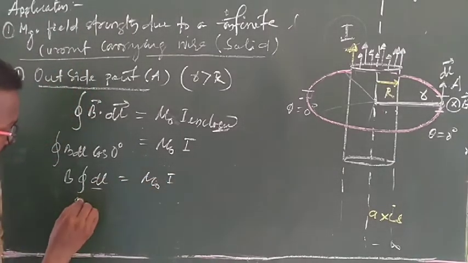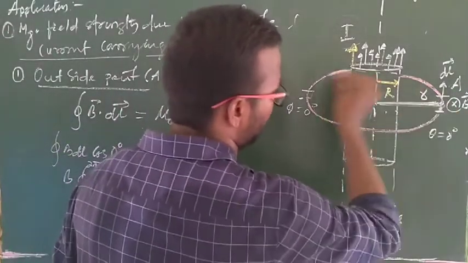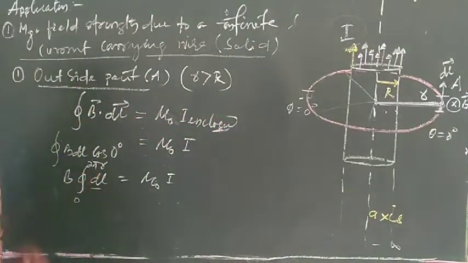And what is dl? It goes from 0 to 2 pi r, because this is r and the circumference is 2 pi r.